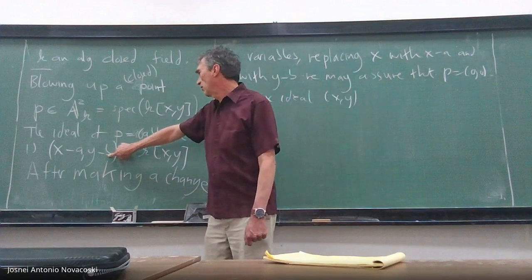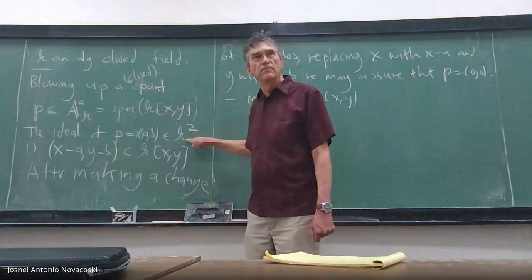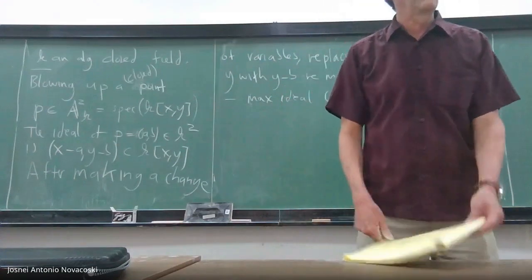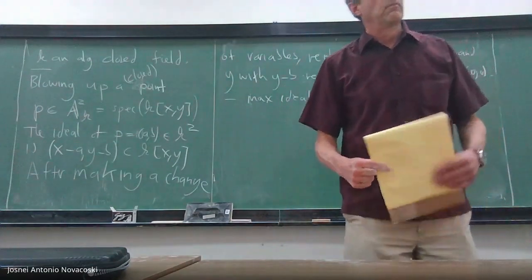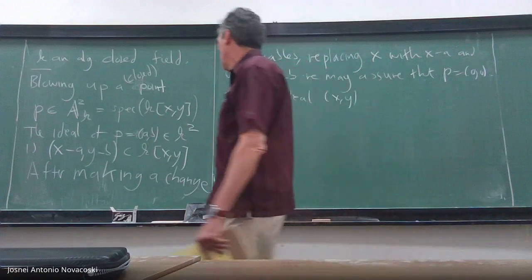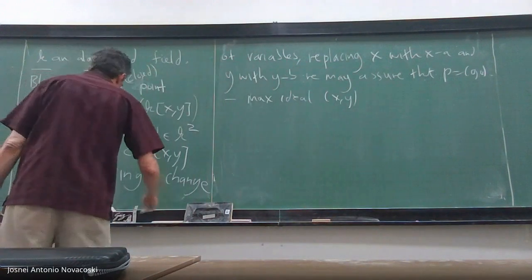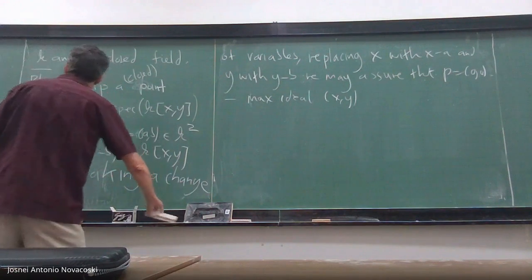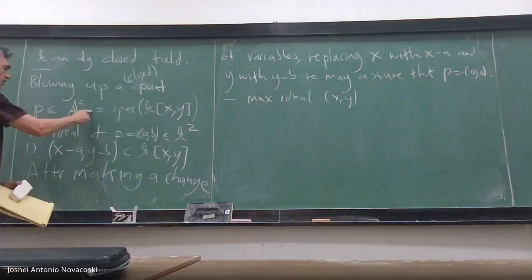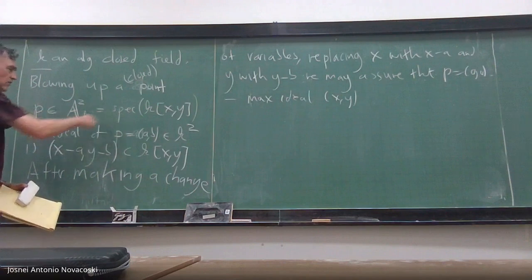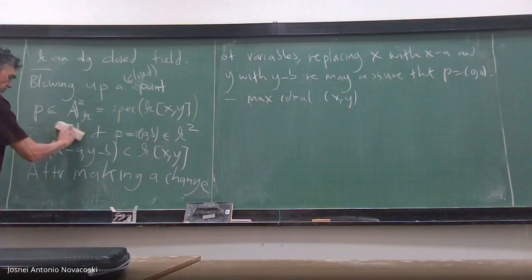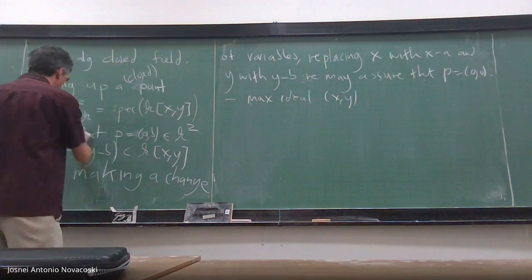Strictly speaking, I shouldn't have said that. I hoped it might be clearer, but I might have made it more confusing. So let me fix this. This is by definition what A^2_K is in scheme theory. That's the way they define it. This sentence shouldn't be said.